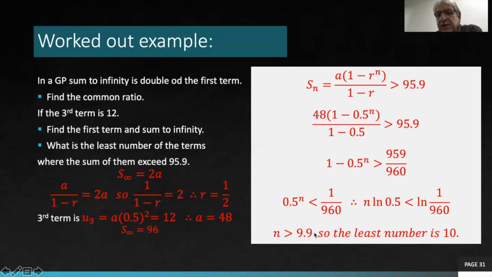Therefore, the least value is n equal to 10. More than 9.9, it should be 10. Therefore, the answer is n equal to 10. This is the least value when the sum exceeds 95.9. Okay, remember the important fact that whenever you are solving any exponential equation, you need to take log from both sides.